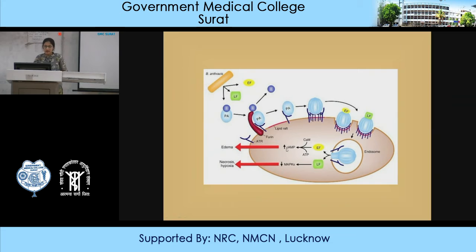Here there is a cell, and the protective antigen factor binds to the specific receptors on the host cell. Then it allows the edema and lethal factors to bind to other sites, and they go inside the cells, producing the endosomes, and start their effect within the cells.